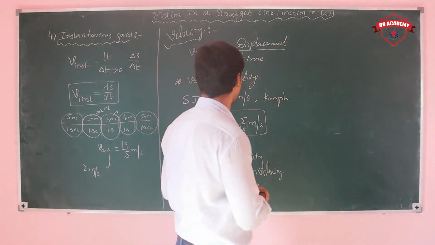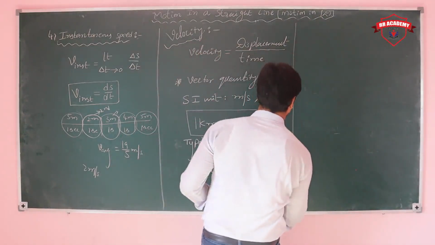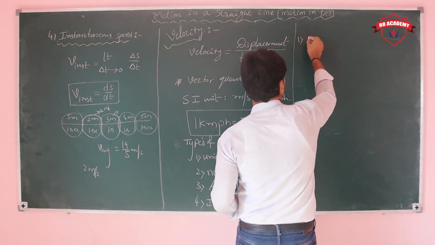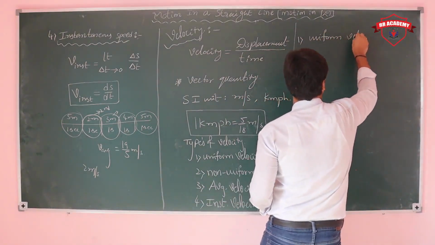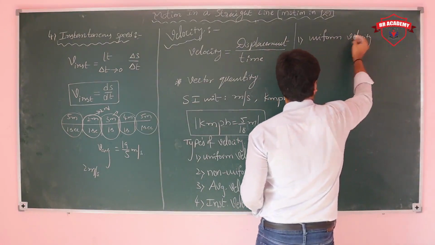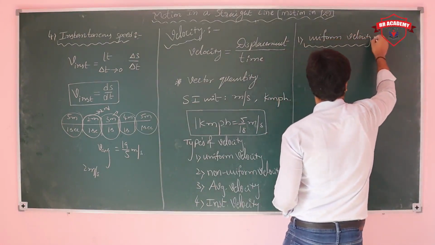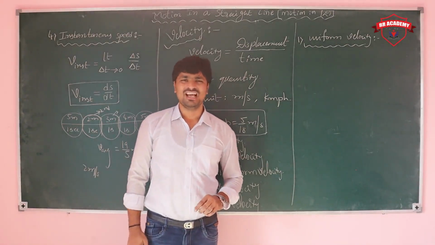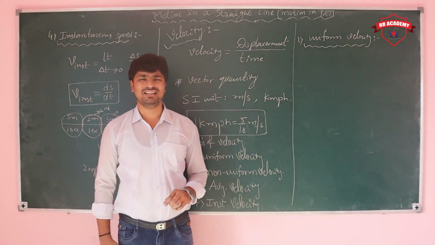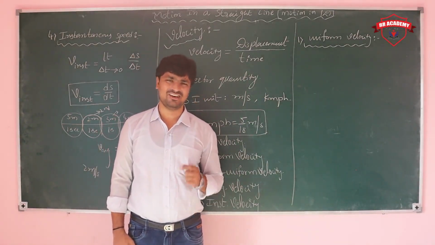What is uniform velocity? Uniform speed we defined as equal distance traveled by the body in equal intervals of time.